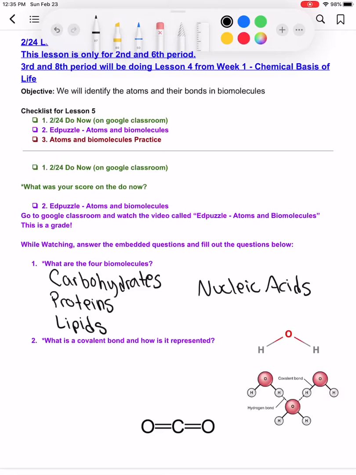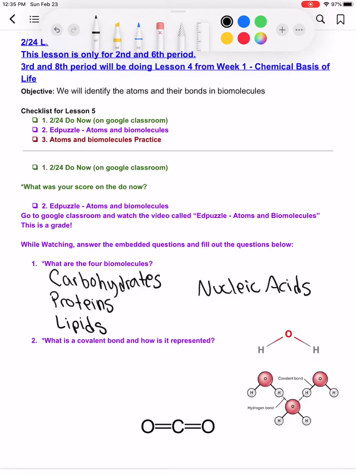All right. So we not only need to know what they are, but we also need to know what they look like from a molecular perspective. Okay. So we went over a bunch of atoms on Friday. Today we're going to be looking at those atoms, and we're also going to be looking at how they're connected. Okay.